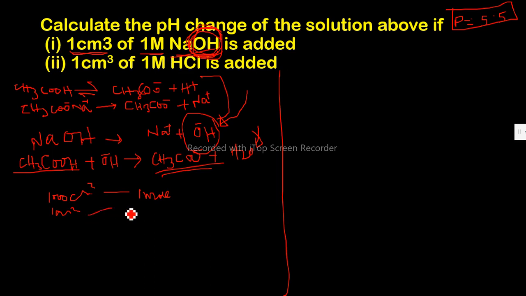It contains 1 out of 1,000, which is simply 0.001 moles. So now these are the moles of OH ions that were added.